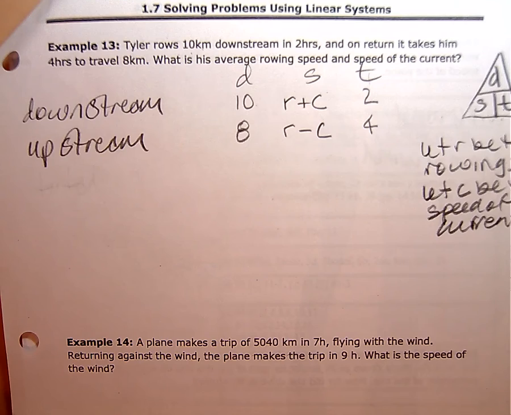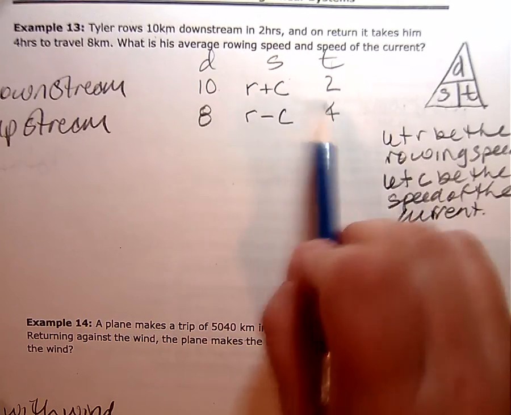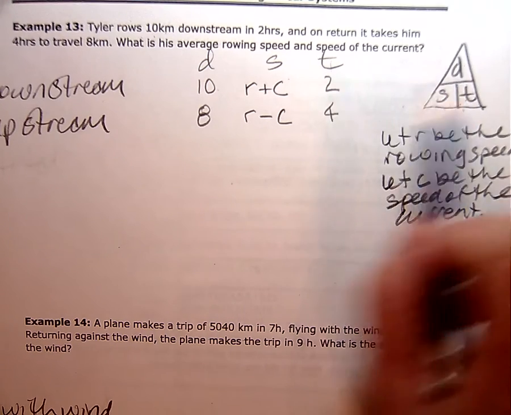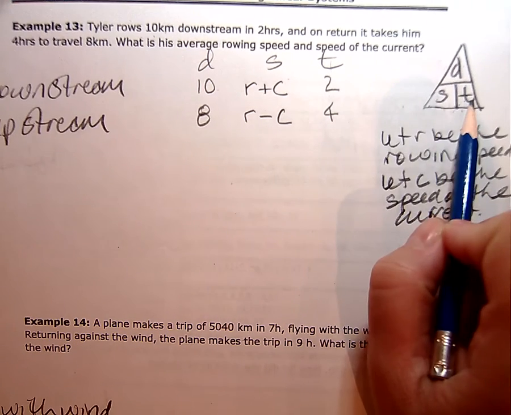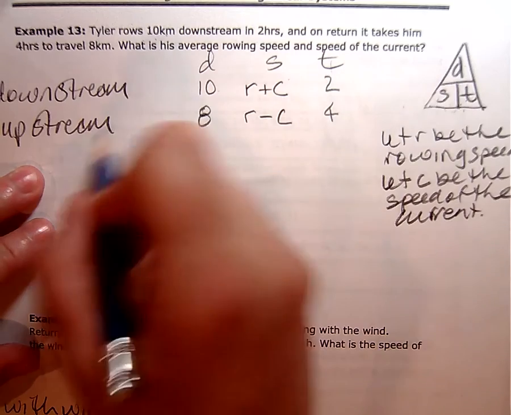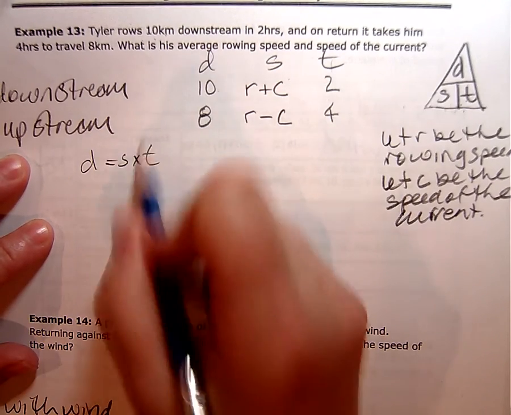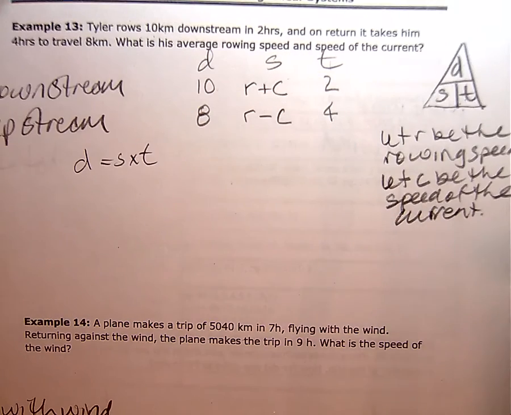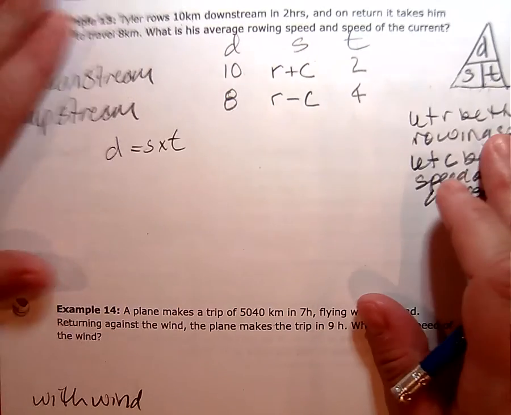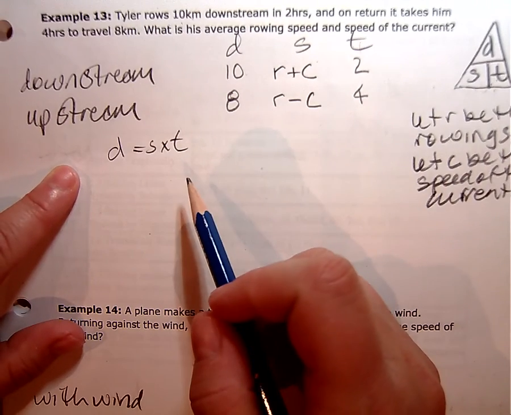Okay? Now, we know the relationship between these three is this. We know distance equals speed times time. So I'm going to write that down. Seeing as distance equals speed times time, I always curl my T, otherwise you may make a silly mistake and think a T is a plus sign, and you'll make some silly arithmetic error when you're simplifying.